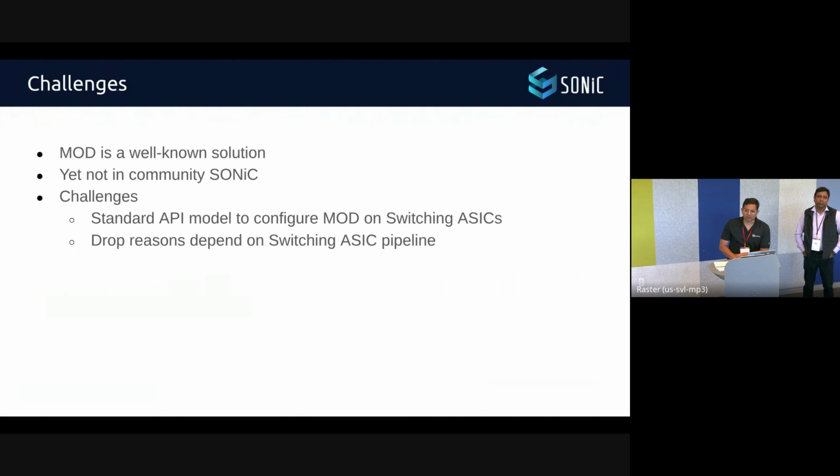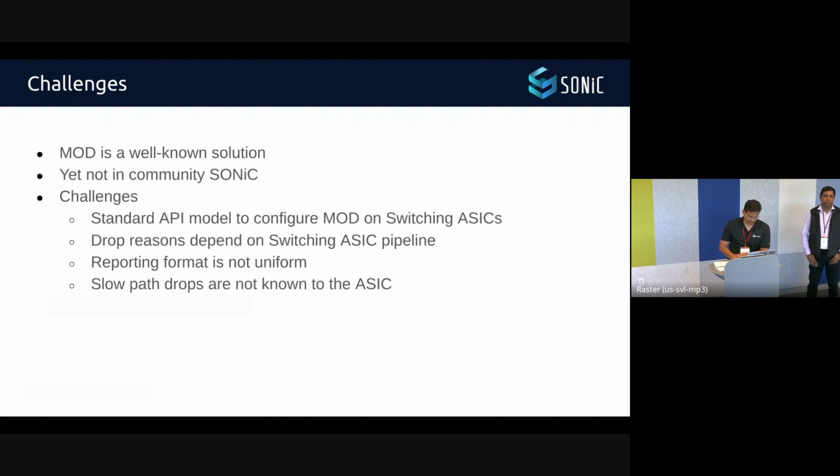Also, the reasons why a packet gets dropped depend much on the switch ASIC pipeline, and could vary across switch vendors. Also, not just the drop reasons, the way these reasons are reported has not been standardized. And to add further to this complexity, packets can either get dropped in the forwarding data plane or could also be getting dropped in the punt path, in the slow path, in the CPU or kernel stack.